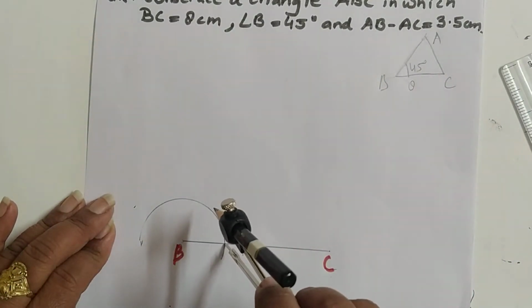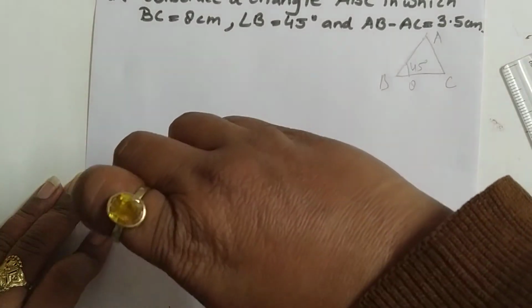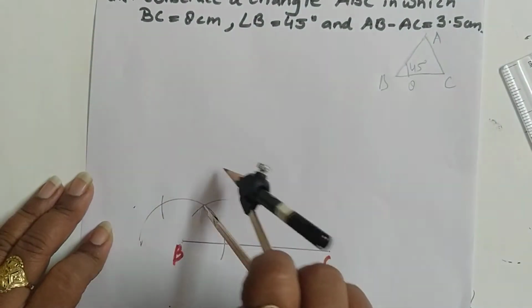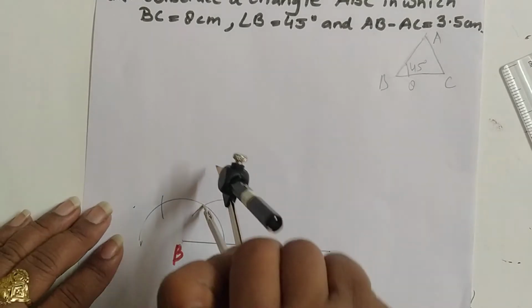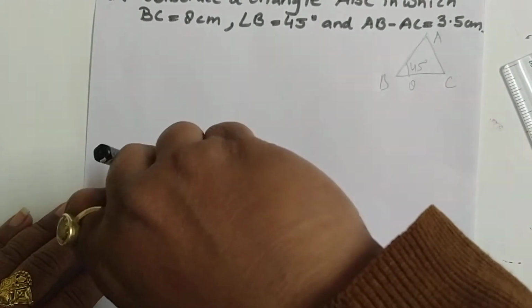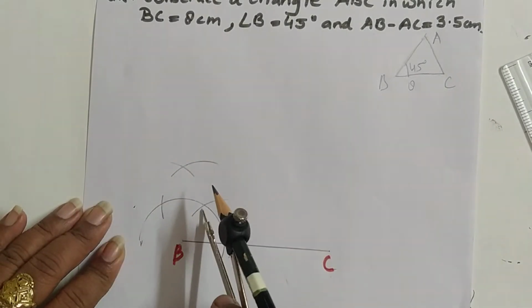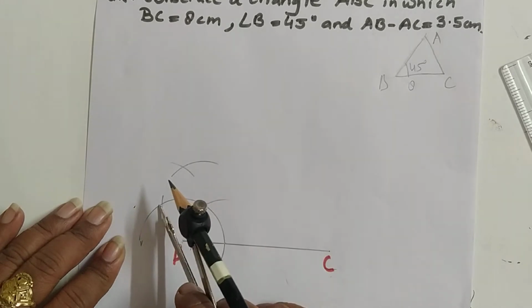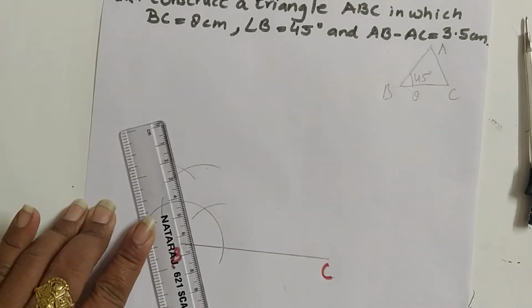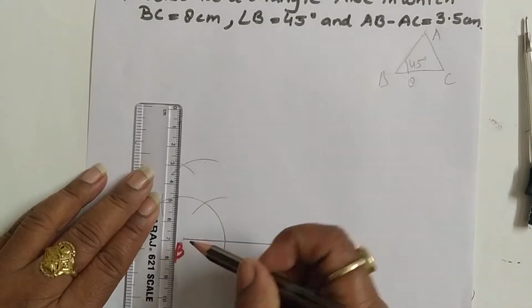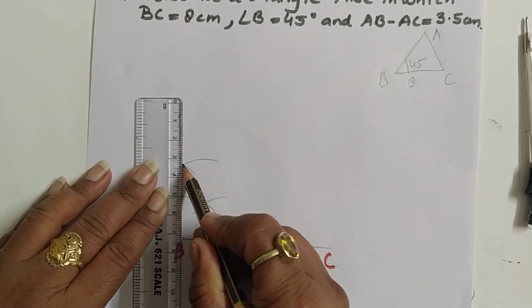Then this will be 60 degree. Again put the compass on the intersecting point, and this will be 120 degree. But to construct an angle of 45 degree, first of all we have to construct an angle of 90 degree, because 45 degree is half of 90 degree. So when we put the compass on both the 60 degree arc and the 120 degree arc and make two arcs, the intersecting point, when we join it with the B point, gives the 90 degree. We need to join this.